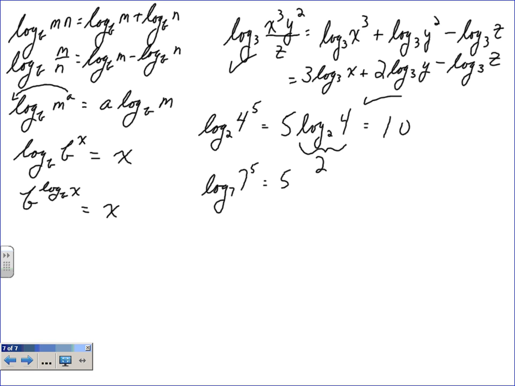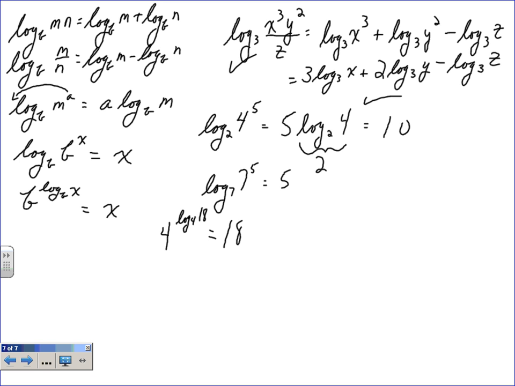An example might be 4 raised to the log base 4 of 18 is 18. So just recognize that property. All right, and you'll get some practice problems involving those properties.